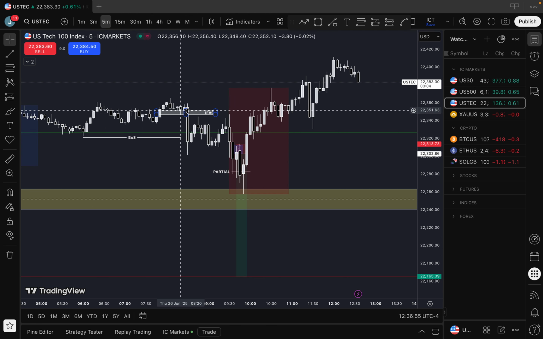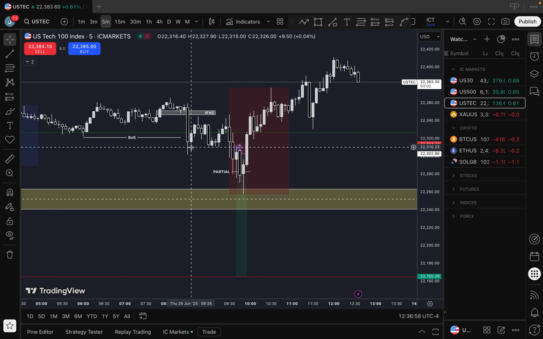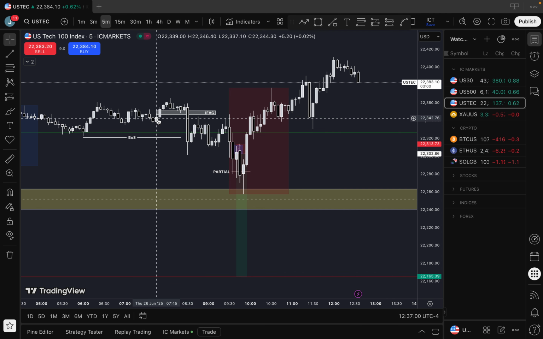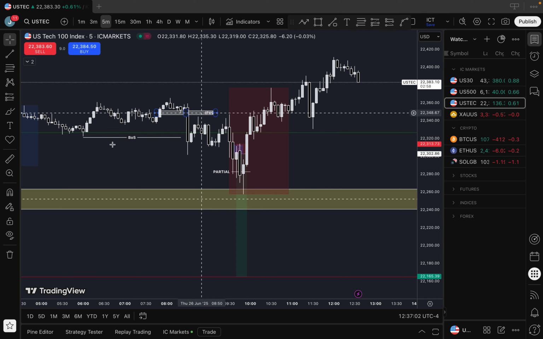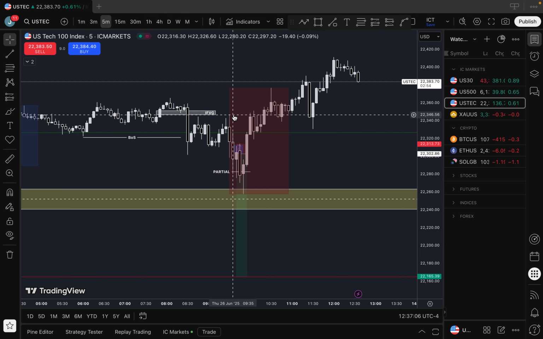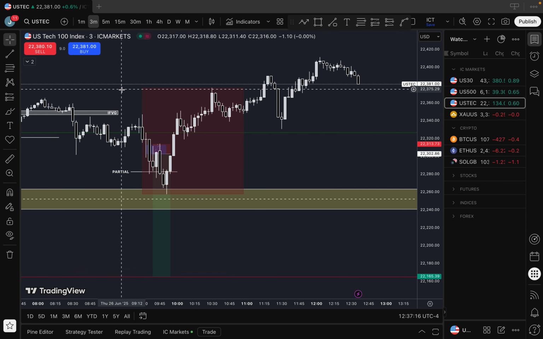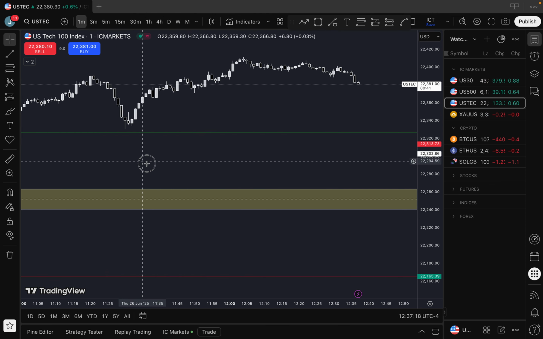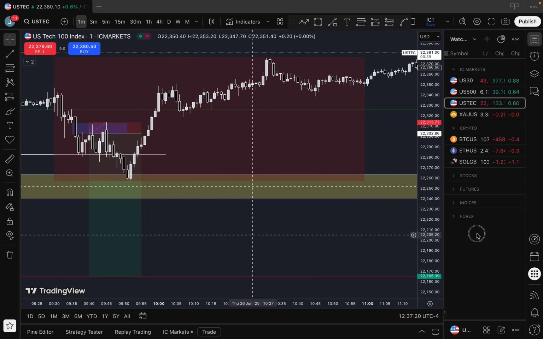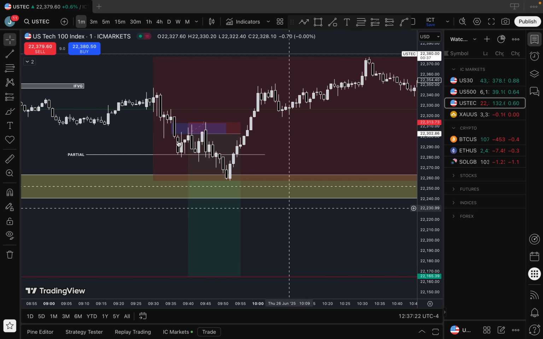So where's 8:30? So we got 8:30, we got the move down. This created an inverse fair value gap here, broke structure, respected the inverse. You can see this wick here stays below it, and then we get a nice move down, so in line with the setup, we're above previous daily high, break down below it.